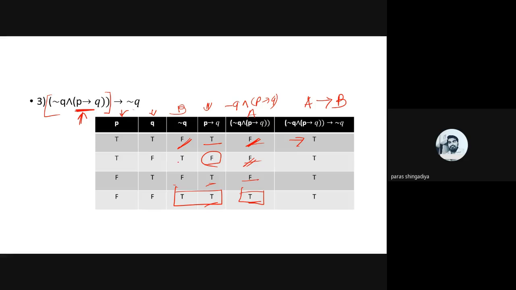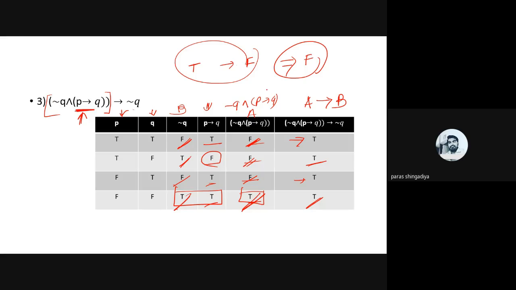Then F to T: first is false, second is true, in such a case it is also true. And then F to F, it becomes T, and here T with T, T to T, it will also become T. Clear? Only in one case will you get a false output: if the first is true and the second is false. In such a case you get a false output in the conditional statement. In all remaining cases it will become T.